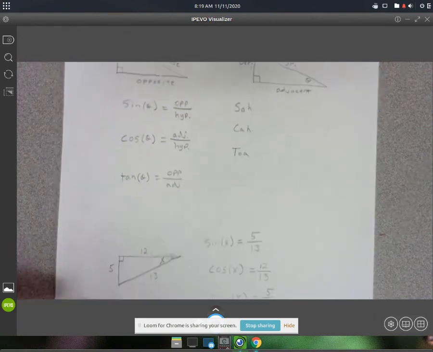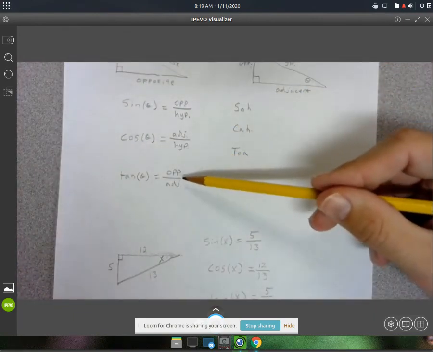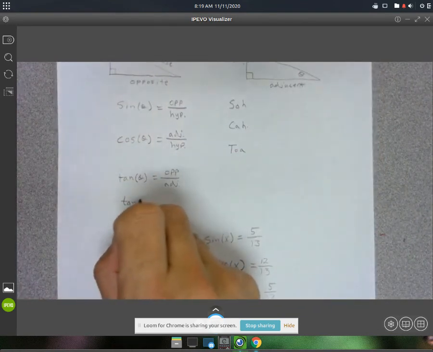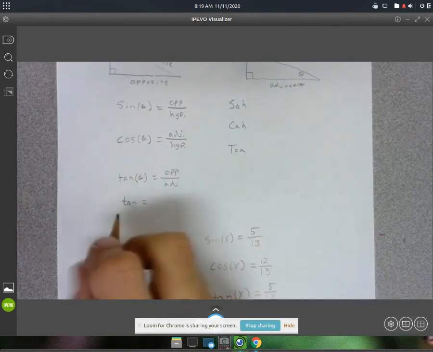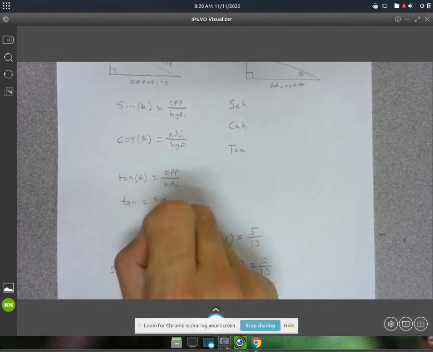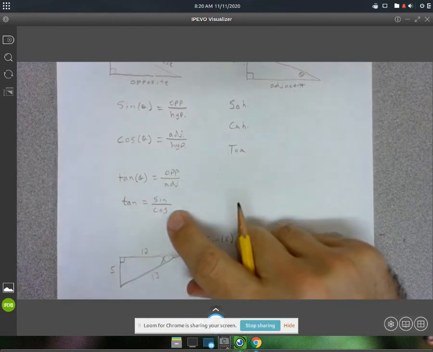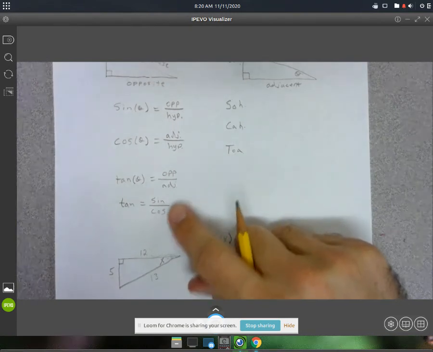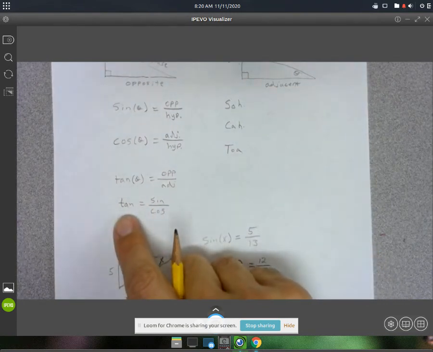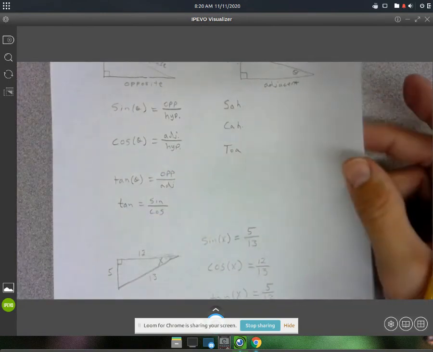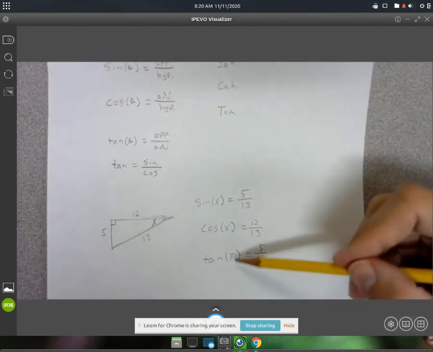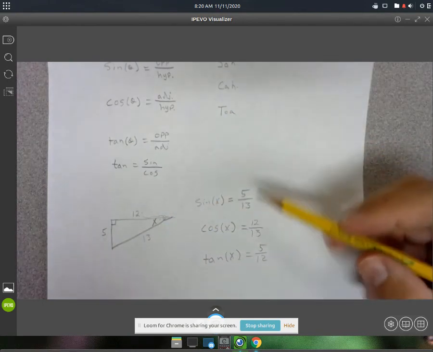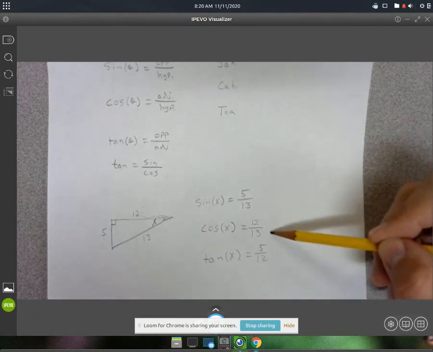Another common way that they define tangent, I'll leave out the theta here, is tangent as sine over cosine. This is going to be pretty helpful later. You can use this relationship to find sine of x or cosine of x if you know tangent of x. It's a handy tool. So instead of defining tangent of x to be 5 over 12, which is obviously easy, you could define it as sine over cosine.